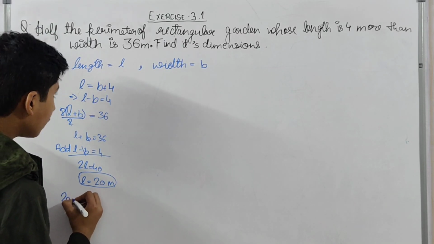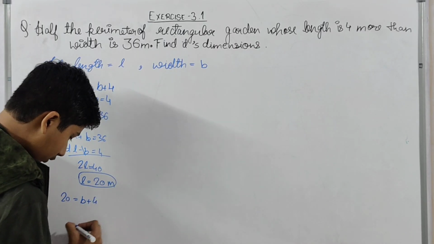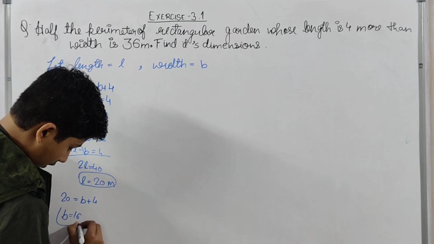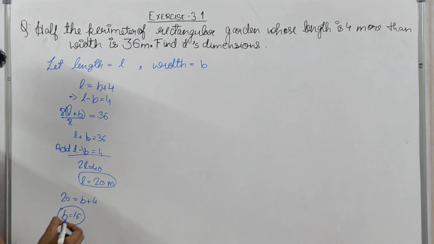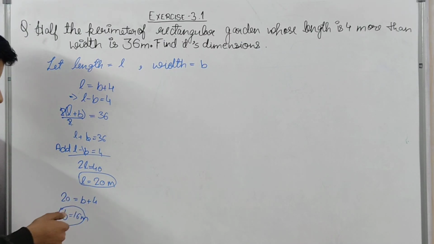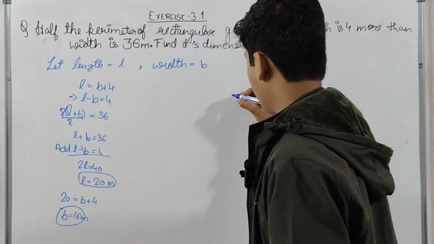So 20 equals B plus 4, so B equals 16. We have got the value of B. I hope you have understood this. So the dimensions are length equals 20 meters and breadth equals 16 meters.